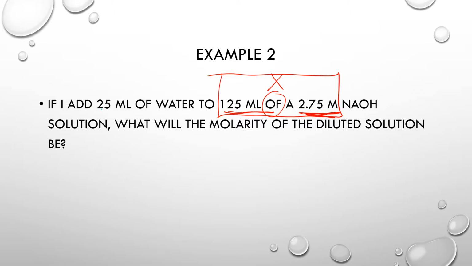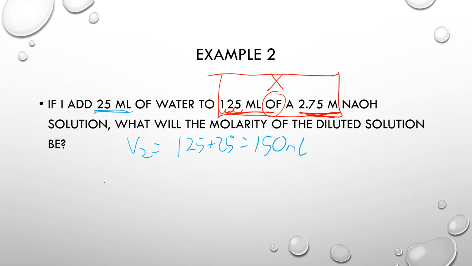So now we added 25 milliliters. So that means our second volume is 25 plus 125, which equals 150 milliliters. All right, so you can convert all these to liters, right? So 3 jumps, 1 through 3.